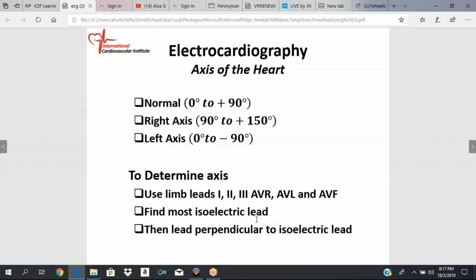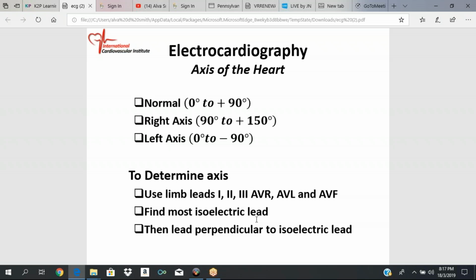When you're going to find the axis of the heart, first you look at the six limb leads and you want to find the lead that is the most isoelectric. Remember, iso means same, so it's going to have the same amount of positivity and negativity.